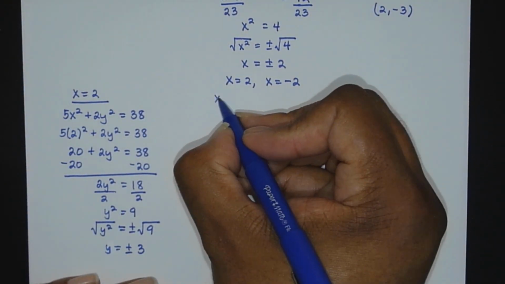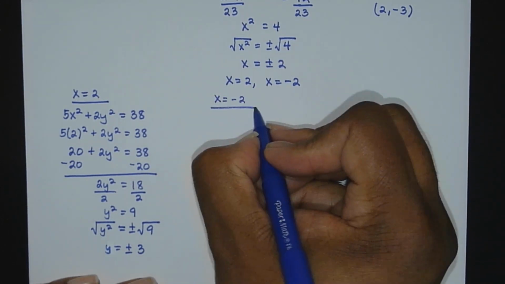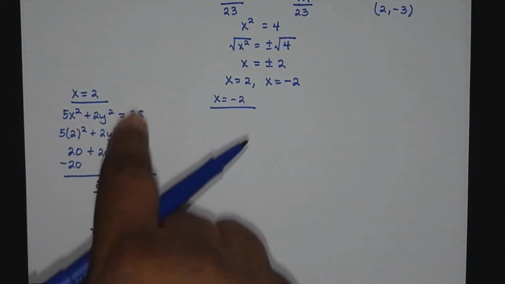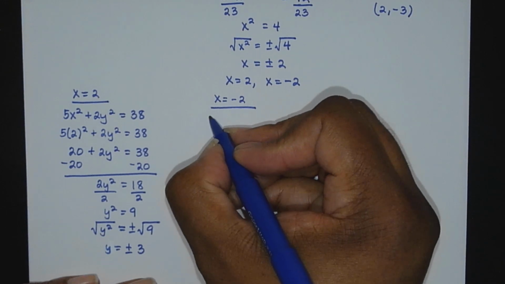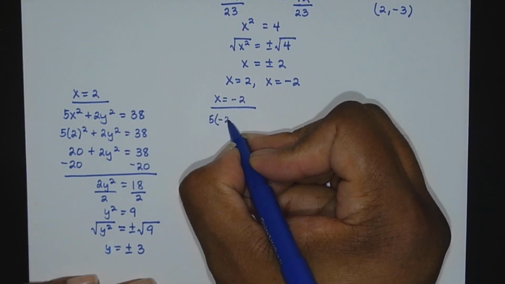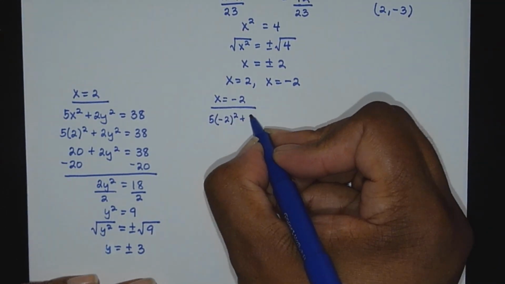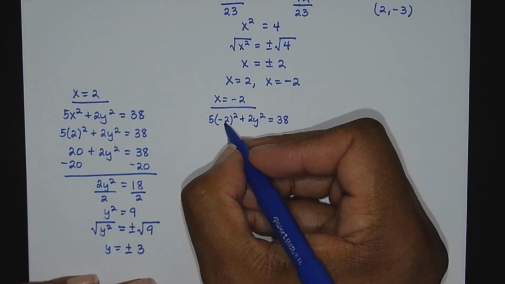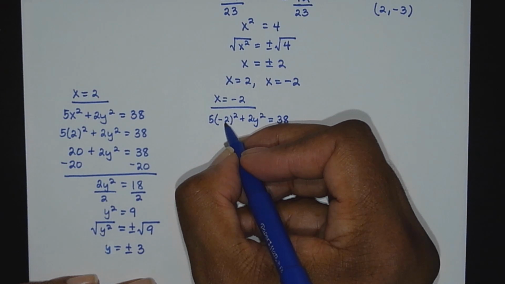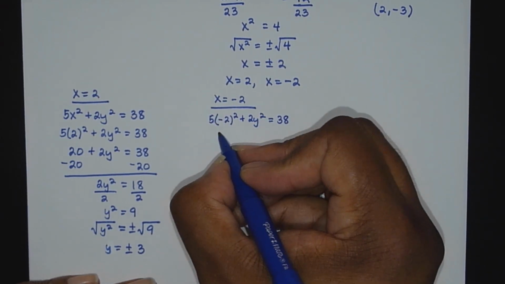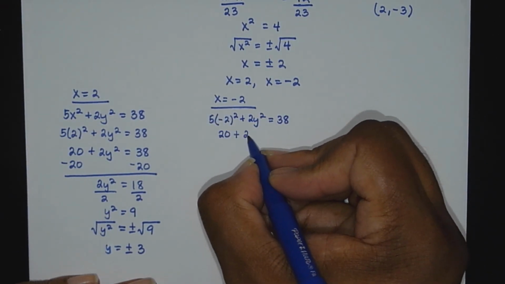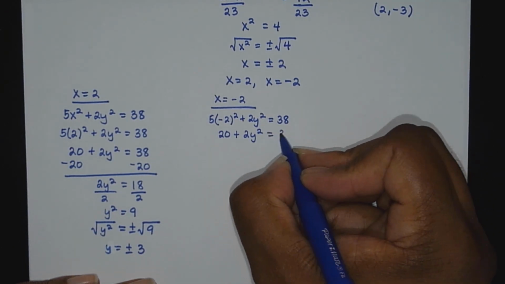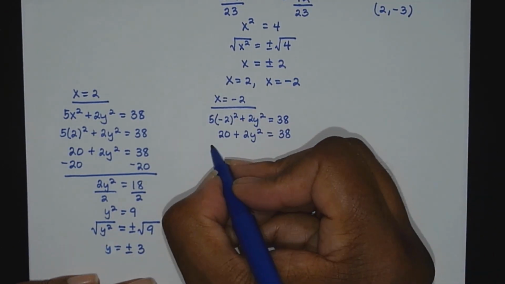All right, now for x equals negative 2. We're going to use that second equation and replace the x with negative 2 this time. But pretty much you're going to see that you get the same values for y. Because if I square negative 2, that's going to be positive 4, times the 5 in front will be 20, plus 2y squared is equal to 38.